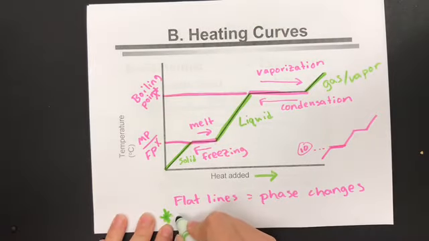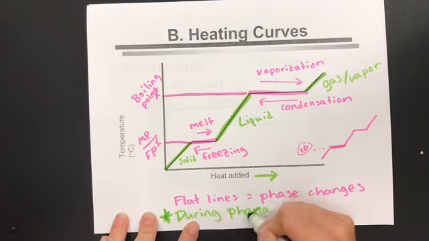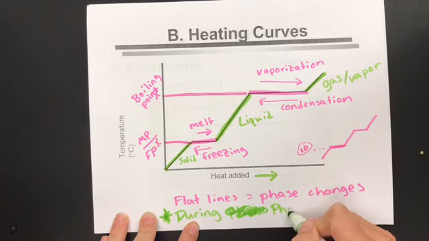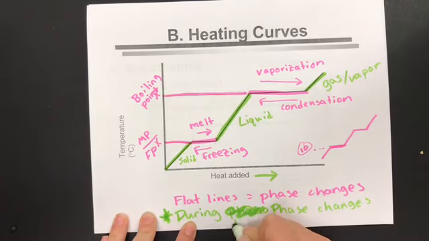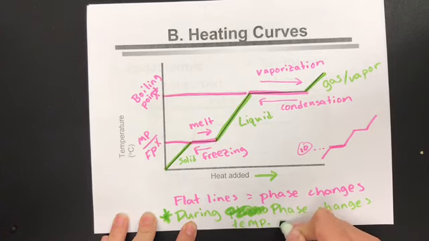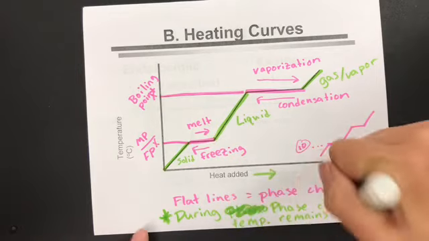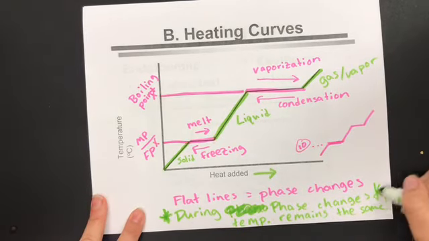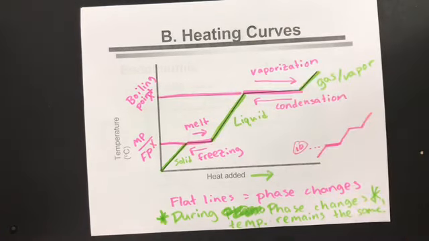So you need to make sure you know, during phase changes, temperature remains the same. This is by far something I would star, highlight, do whatever. You got to know it. Okay? So during those phase changes, temperature does not change.